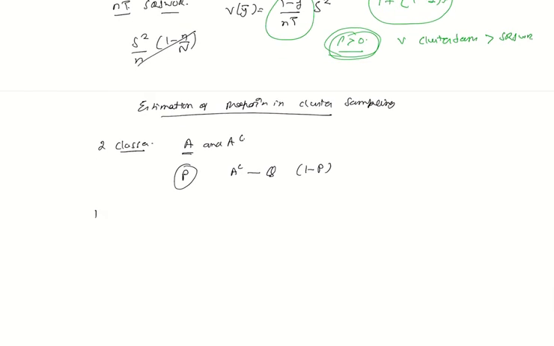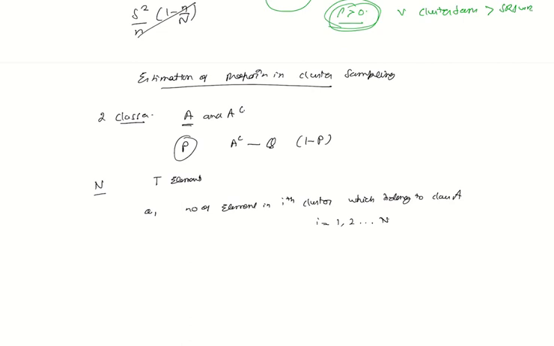Of course, there are n clusters, and each cluster contains T elements. Now ai is the number of elements in the ith cluster which belong to class A, where i is 1 to n.